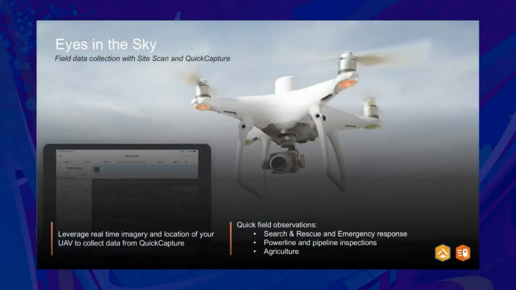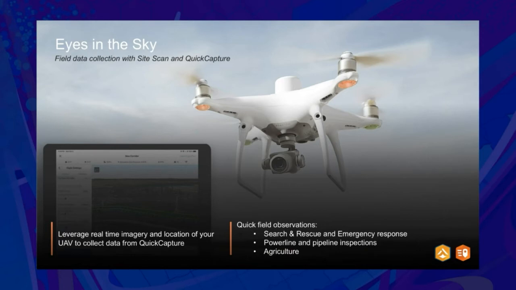While we're talking about providers, there is another option. So you can actually use the location of a drone to provide the location to QuickCapture over a network connection. This is achieved through the integration between ArcGIS QuickCapture and SiteScan for ArcGIS. While the drone operator flies the drone, you can use QuickCapture to record the locations of anything of interest as either points, lines, or polygons, along with the associated attributes, just by tapping the appropriate QuickCapture project button.